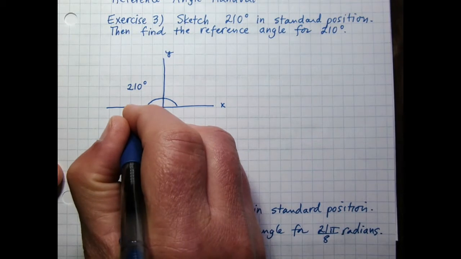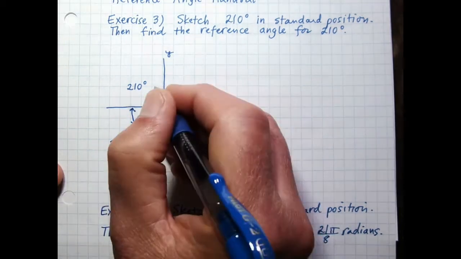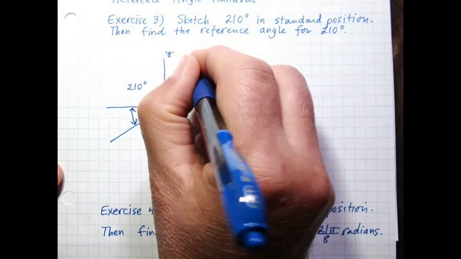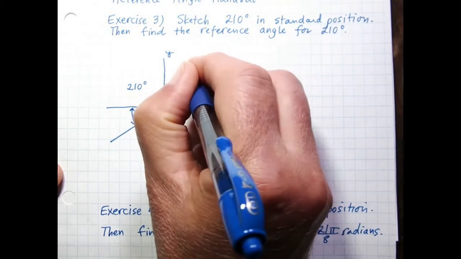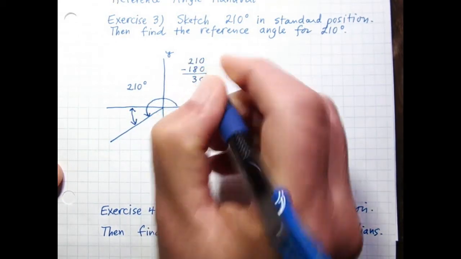The reference angle is right there, and that's the angle we want to find. Notice here we're working from 210 back to the reference angle. We take 210 minus 180, and I think that's 30 degrees.